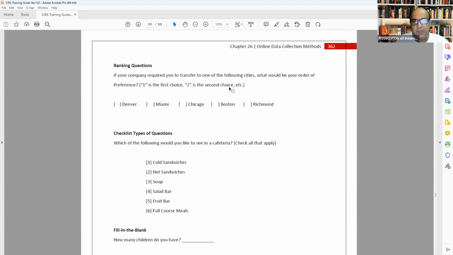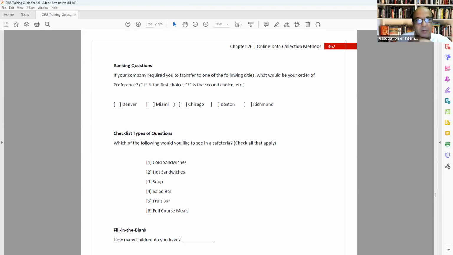Ranking question, when you have to give a choice between the order in which you would like to put your preferences. Like if your company required you to transfer to one of the following cities, what would be your order of preference?